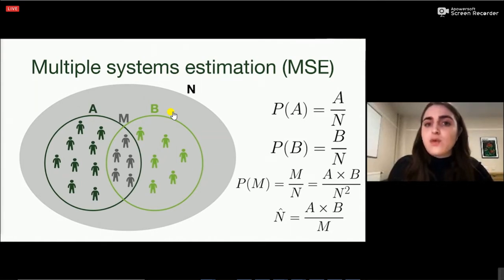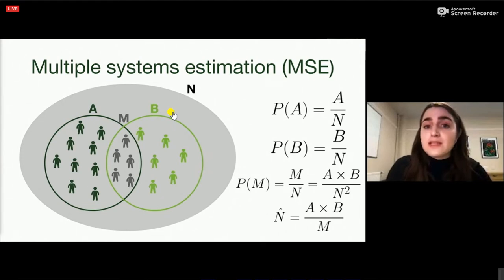Now I'd like to ask, what about the intersection between lists A and B? In the diagram, that's labeled as M, and that is the dark gray people in the middle of A and B. The probability of being in M is therefore M divided by n. But because the lists are independent, we can rewrite this expression as the probability of being on list A times the probability of being on list B. That is, we can do A divided by n times B divided by n, which is just A times B over n squared.